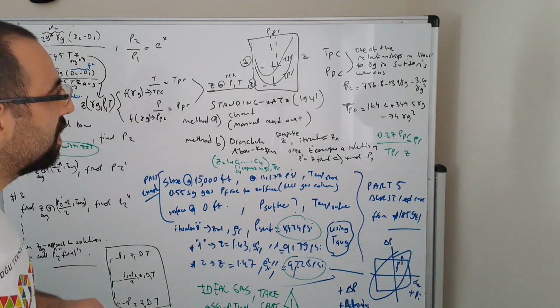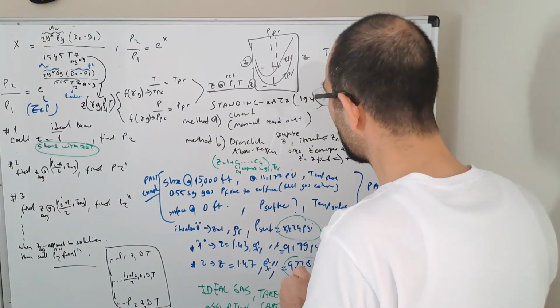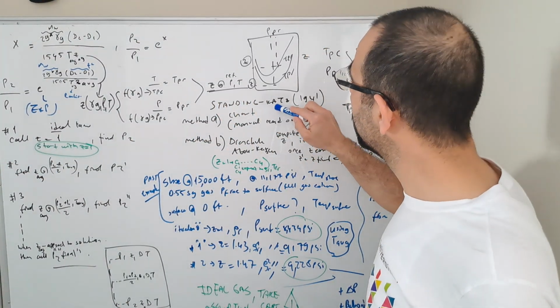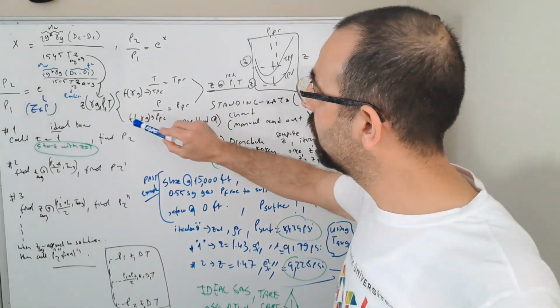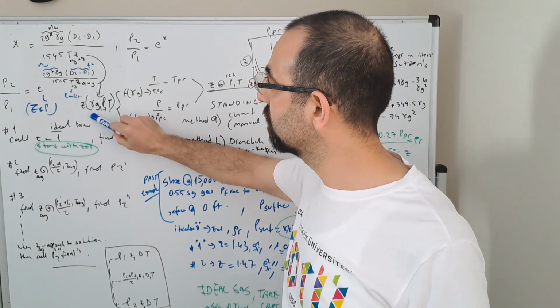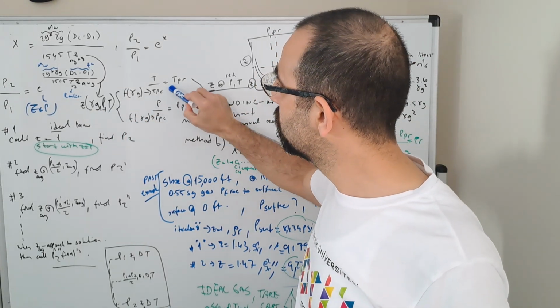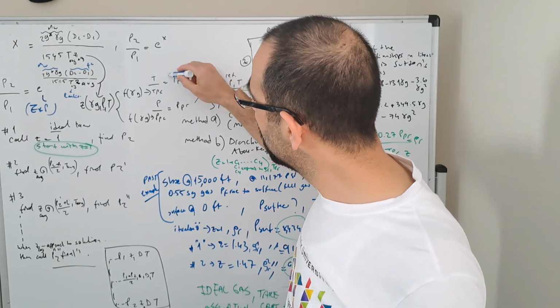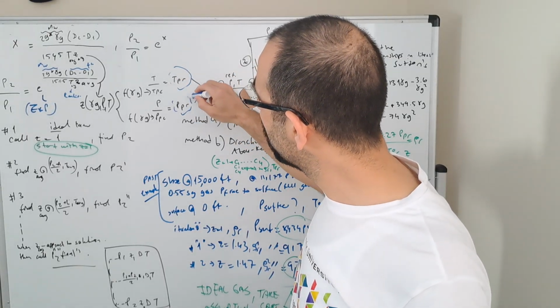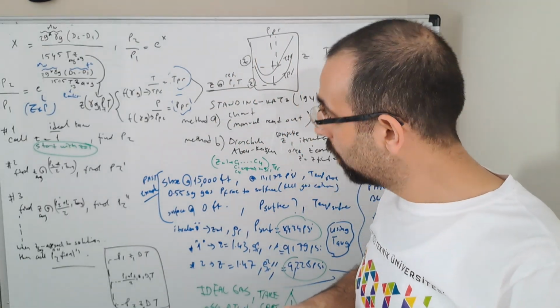So how do we find the compressibility factor? The compressibility factor depends on the gas gravity, pressure, and temperature. In the literature there are pseudo reduced temperature and pressure.